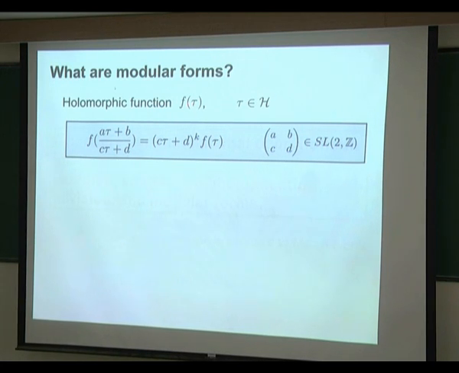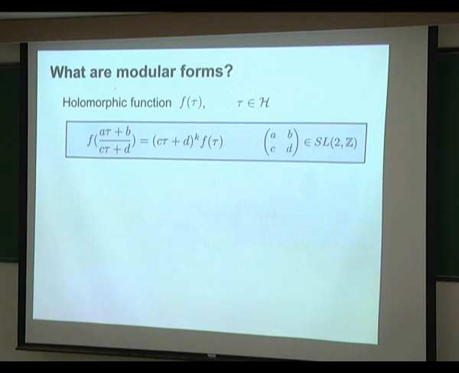A modular form is a holomorphic function f of tau, where tau is in the complex upper half plane, such that under modular transformations, here meaning SL(2,Z), which act on tau as fractional linear transformations, (a tau plus b) over (c tau plus d), f of the transformed variable is equal to f of tau times a factor (c tau plus d) to the power k. So k can be either integer or half integer.